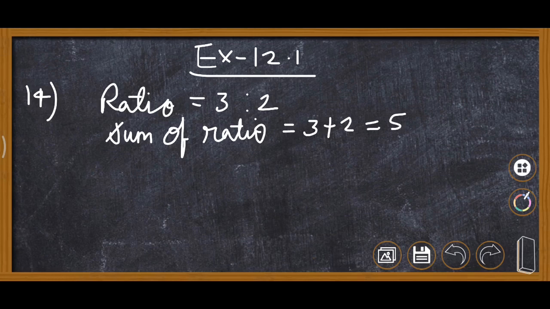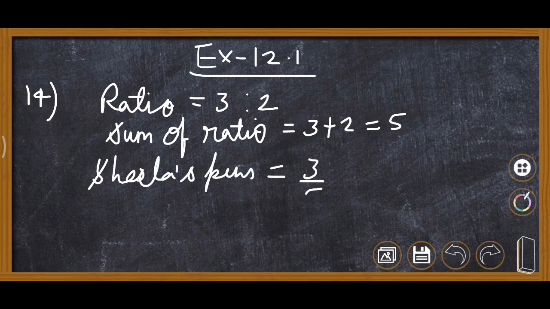Now Sheila and Sangeeta, then pens. Sheila's pens equal, you can see the ratio of Sheila is 3 and the total ratio is 5, so 3/5. Multiply by 20 pens total, so we will cut 5 and 20, then 3 4s are 12 pens.